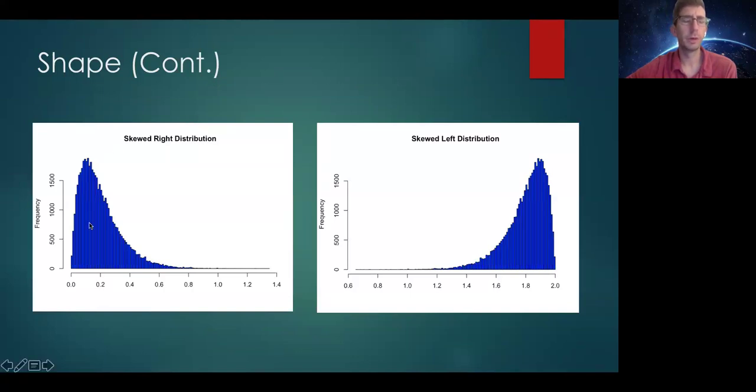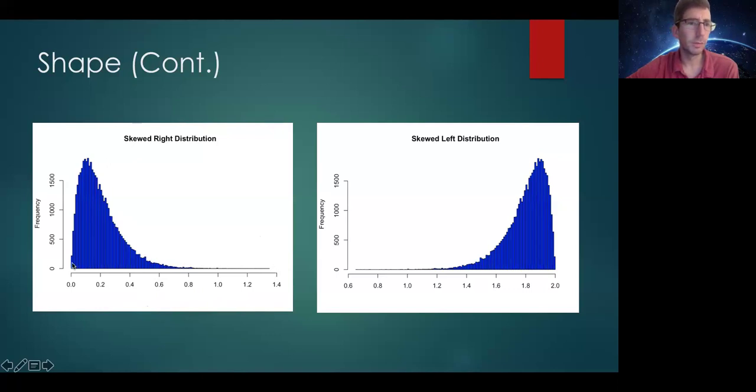Okay, so more shapes. You can also have a skewed right distribution or right skewed, either way you want to think about it. If your distribution is skewed right, you have values that go far out to the right of your distribution, right? This right tail that we talked about in the last slide is kind of long, but it's not very tall, right?